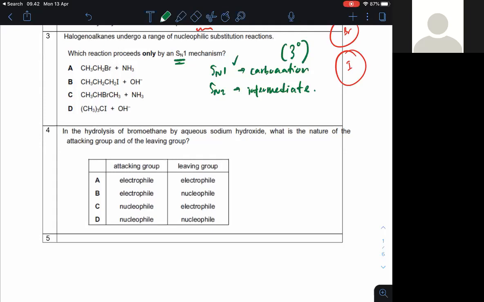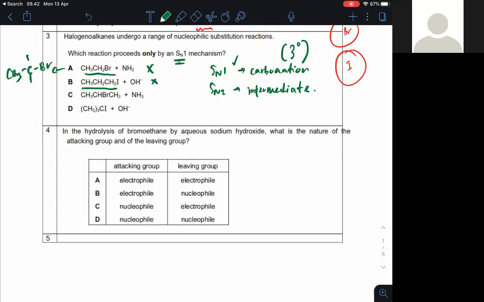So what we need to do is find out which one is the tertiary halogenoalkane. This one is primary, so no. If you are wondering how I know it is primary, you can draw CH3, then CH2, then Br.